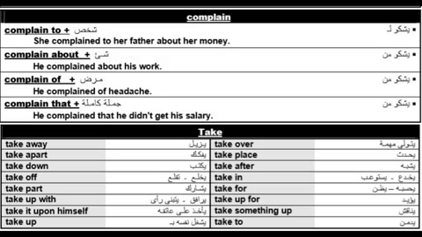طيب حاجة كمان complain to plus شخص معناها يشكو لكذا للشخص ده يعني. She complained to her father about her money. لو complain about بيجي بعدها الشيء الثينج يعني يشكو من. He complained about his work.